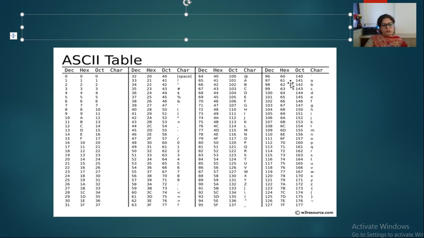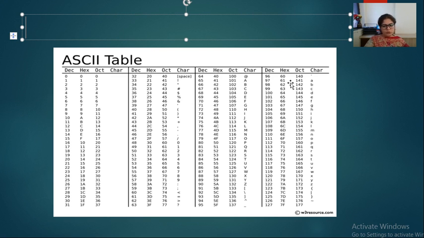So why are we using this ASCII code? As I have told you, the computer can understand these codes directly. I want to give you one real life example of this ASCII code. When we give input to the computer by using the keyboard, and we strike key A, it directly gives the value 97 to the computer instead of A, because the computer is not able to understand A, B, C, D, 0, 1 and 2.